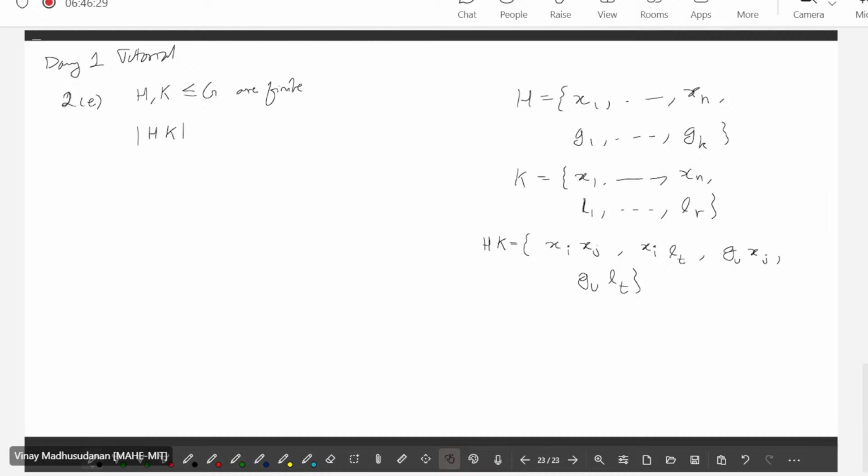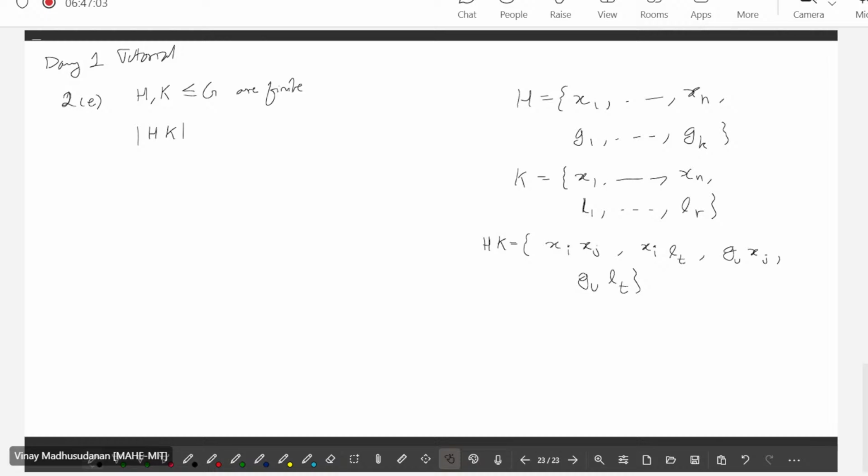X1 will appear only once if you write it in that form, because you have to take H and then K in that order.